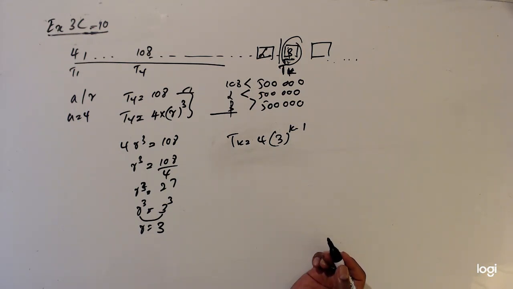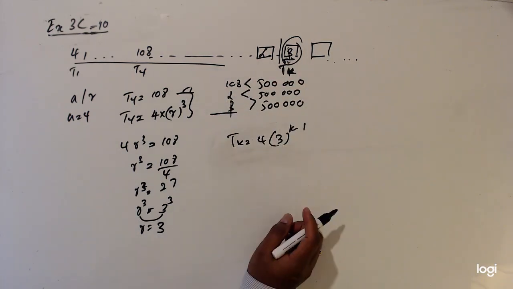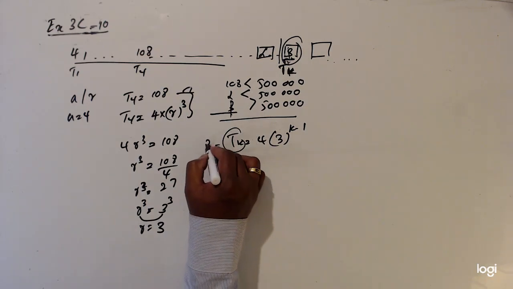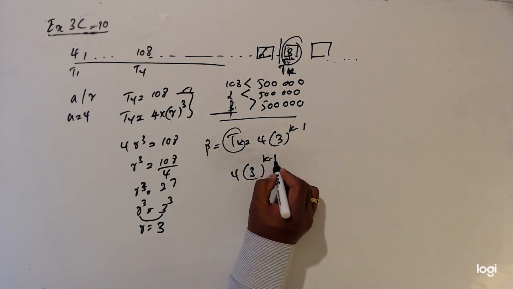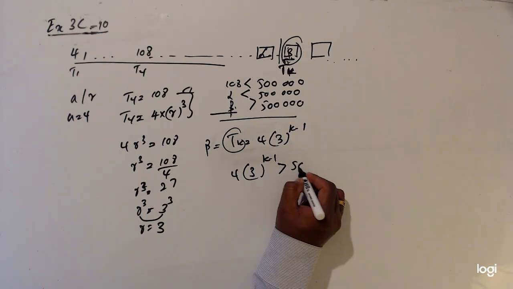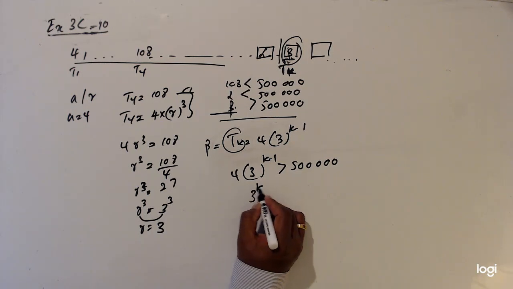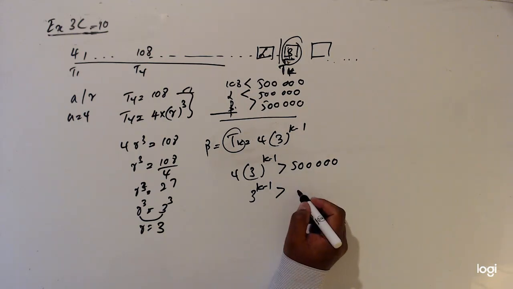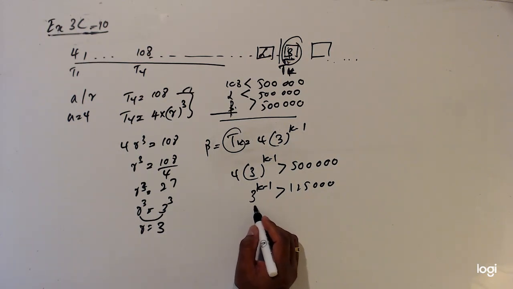So the kth term we can write like this, and beta can be any value more than this one. So we apply: tk equals beta, so 4 times 3 to the power k minus 1 is greater than 500,000. Now 3 to the power k minus 1 is greater than 500,000 divided by 4, which is 125,000. Now we need to take log.